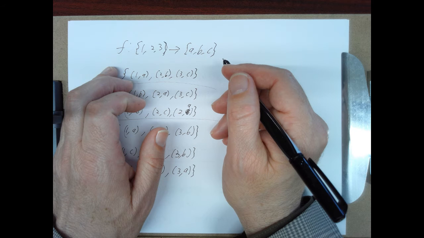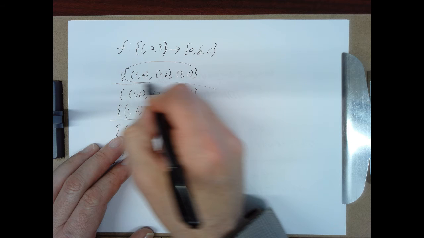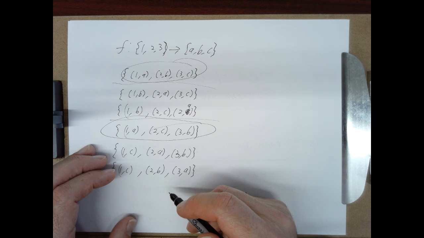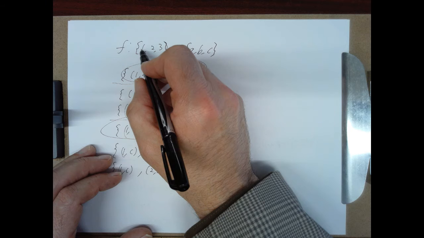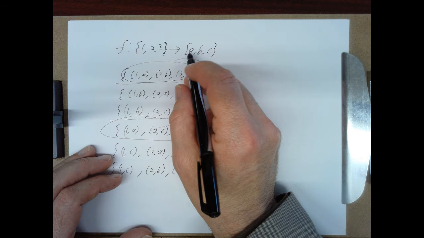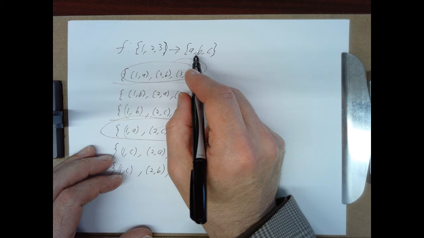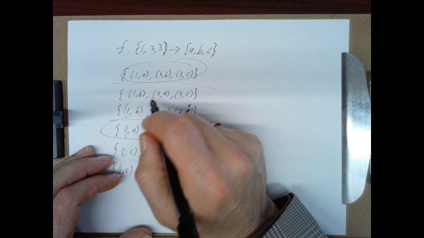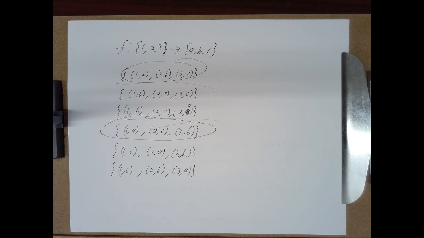So you got 3 choices for where 1 goes to, and for each of those choices you have 2 choices where 2 goes to, and then you have 1 choice where 3 goes to. So 3 times 2 times 1. So in a few weeks we'll talk about counting and permutations and combinations, and we'll see rules for enumerating how many of these things there are. But that's one way to get there.